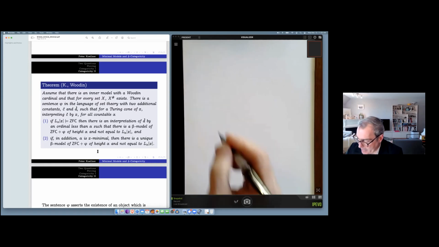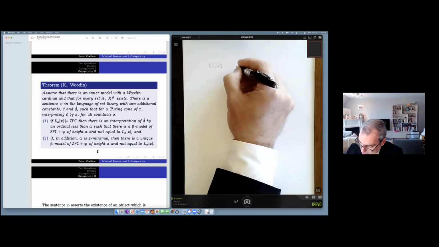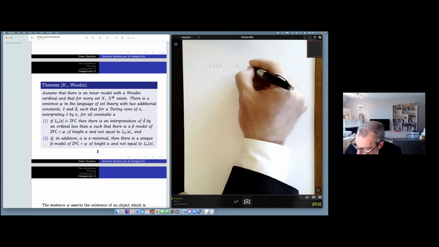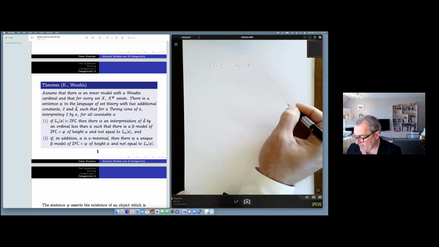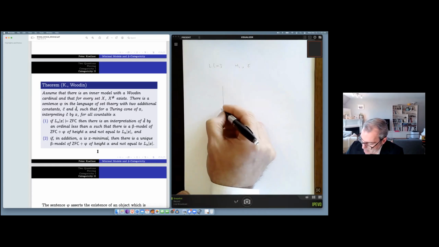So let's say you're in L of X, and you have this M1-like model. Now I'm going to refer to it de re. I could, inside L of X, iterate M1 so that X is generic over an iterate. So we've got M1 and we've got its delta, and that's a countable ordinal.